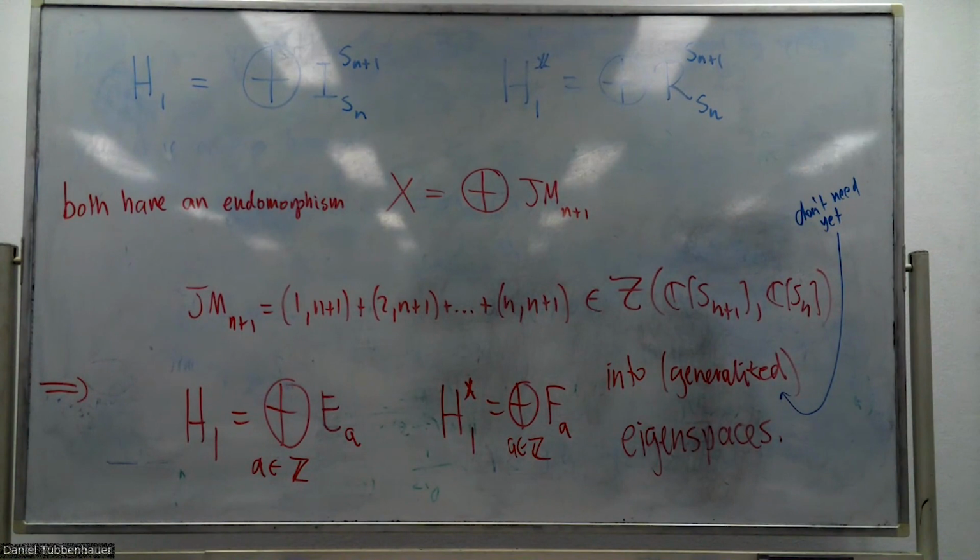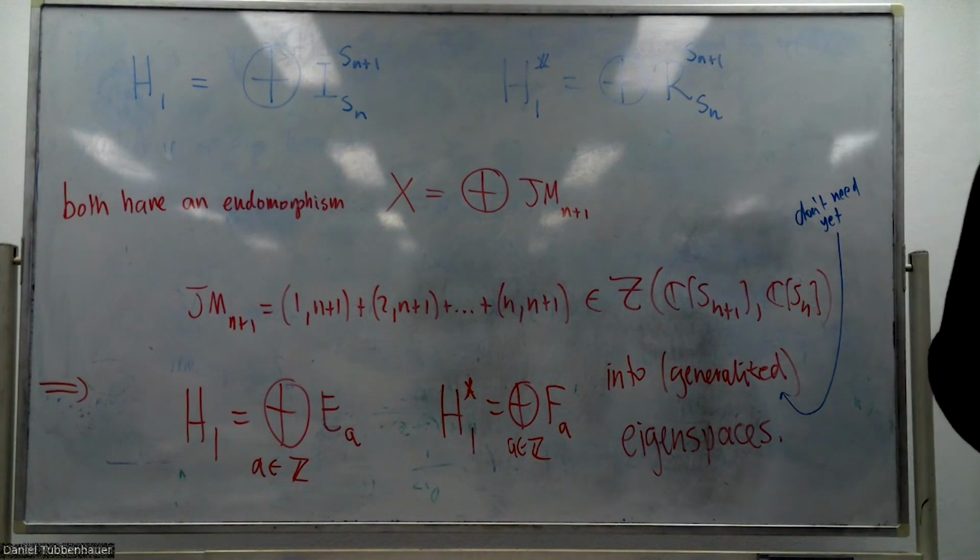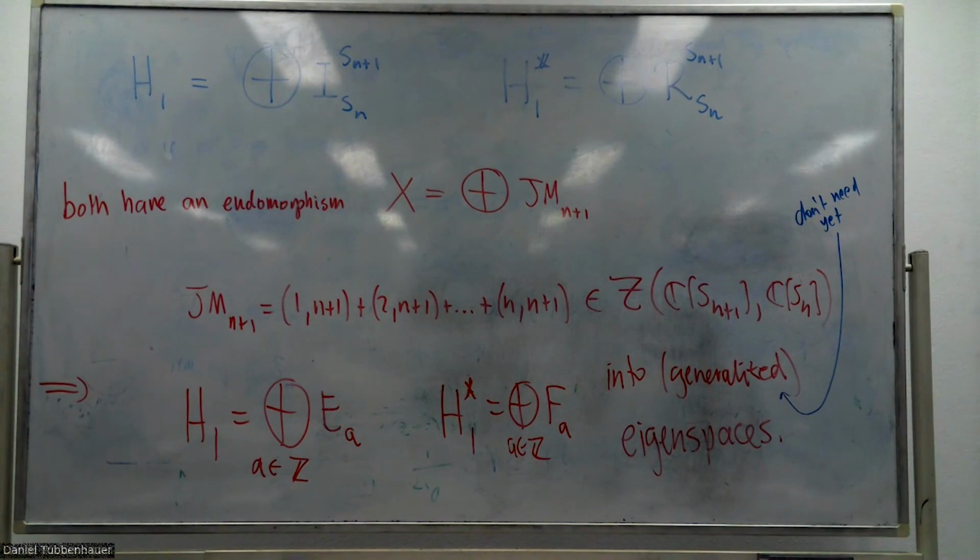The left-hand side is a functor. I can break a functor up into eigenspaces if I have a functorial endomorphism of that functor. Say I have a functor that takes something and spits out a vector space. If this functor has an endomorphism, then that vector space has an endomorphism, and I can decompose it into eigenspaces.